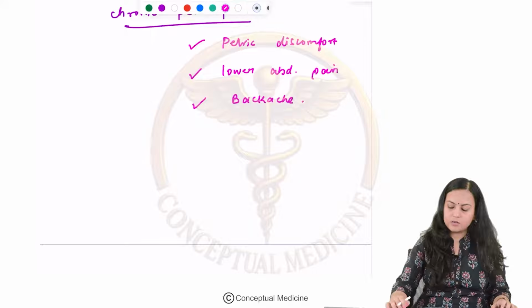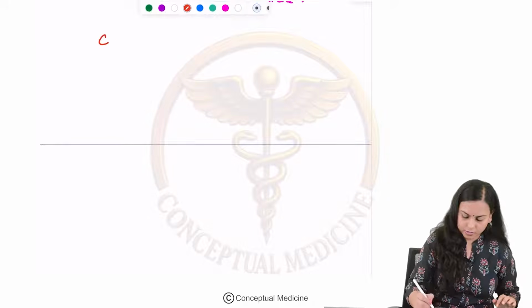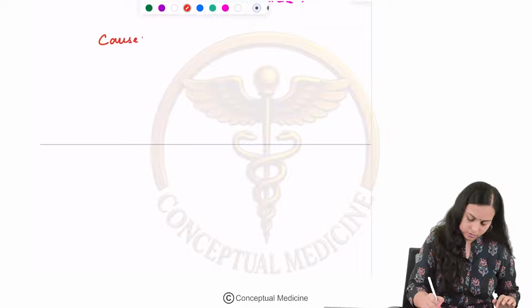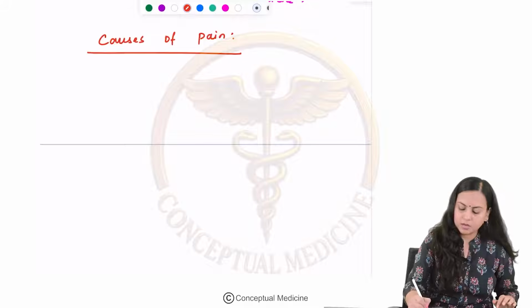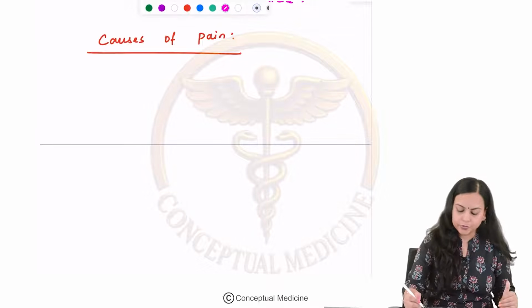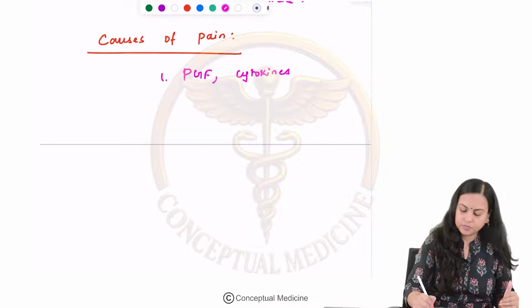Now let's see what the causes of pain are. Pain is caused mainly due to platelet-derived growth factors and cytokines.